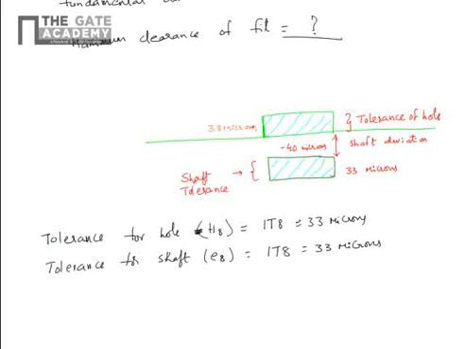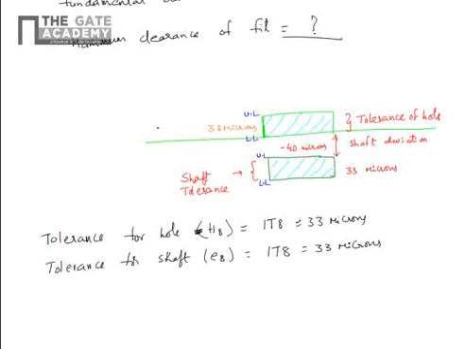So now you need to calculate the upper limit of hole, lower limit of hole, upper limit of shaft, lower limit of shaft. So the maximum clearance is the difference between the upper limit of hole minus the lower limit of shaft.